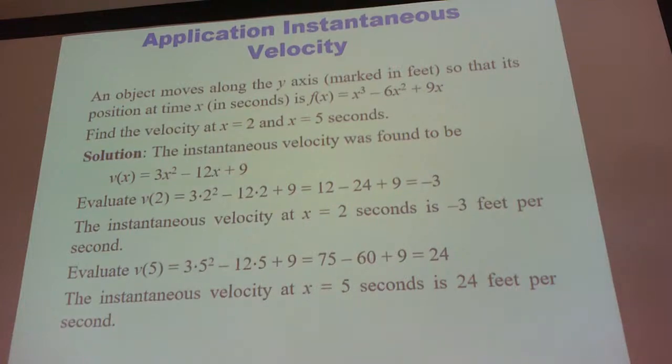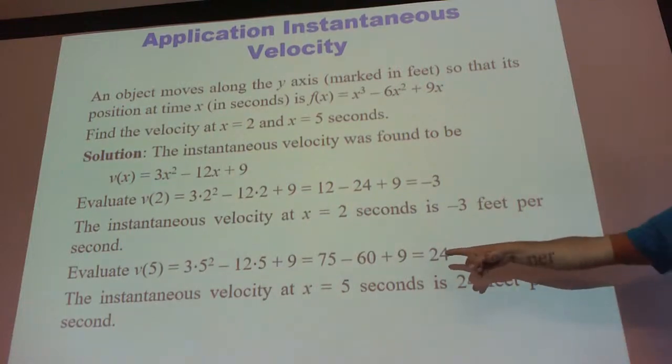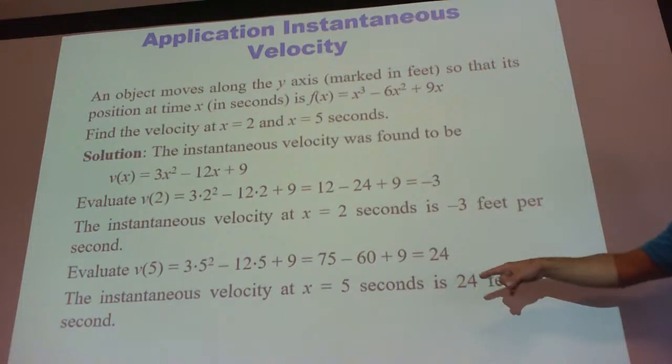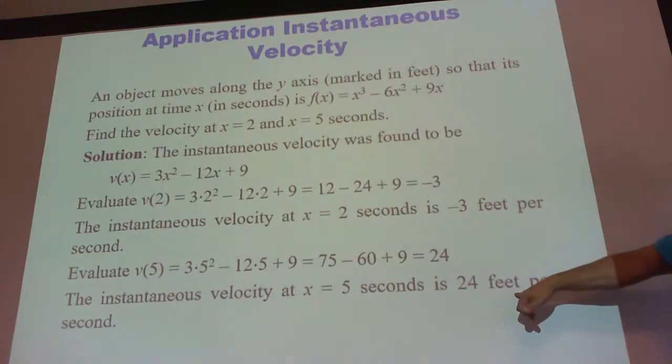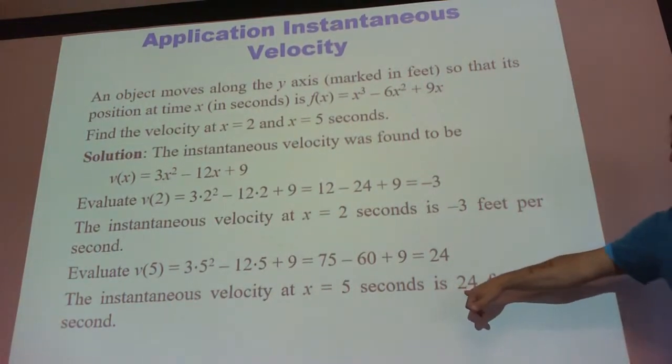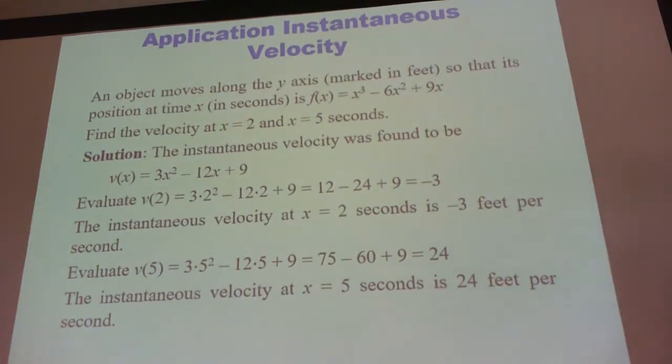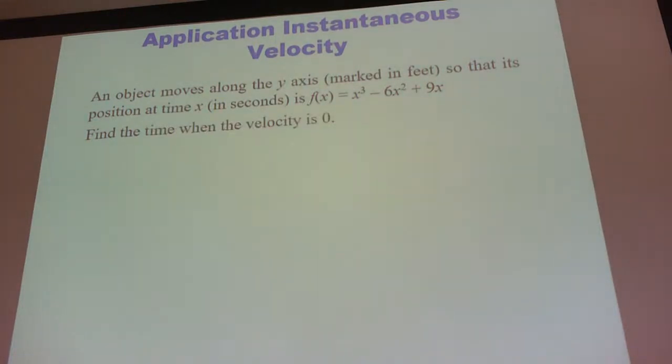So if I could freeze time at 5 seconds, how fast is it moving? 24 feet per second. Okay? I know you're worried about the details and the calculator and the buttons, but I'm worried about what this stuff means. Questions?